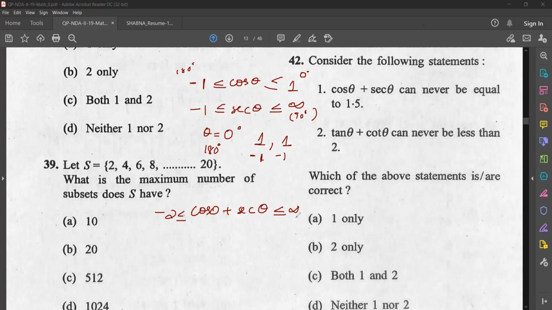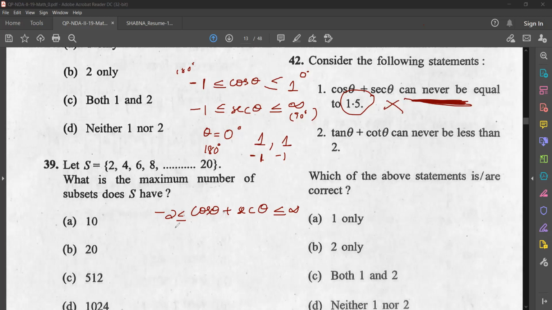In between -1 and infinity, obviously we have a value called 1.5. So that is a possible value, but they are saying it can never be equal to it. So the statement is wrong, because cos theta plus sec theta will be lying in between -2 and infinity, and 1.5 is a value in this range. So this statement is incorrect.